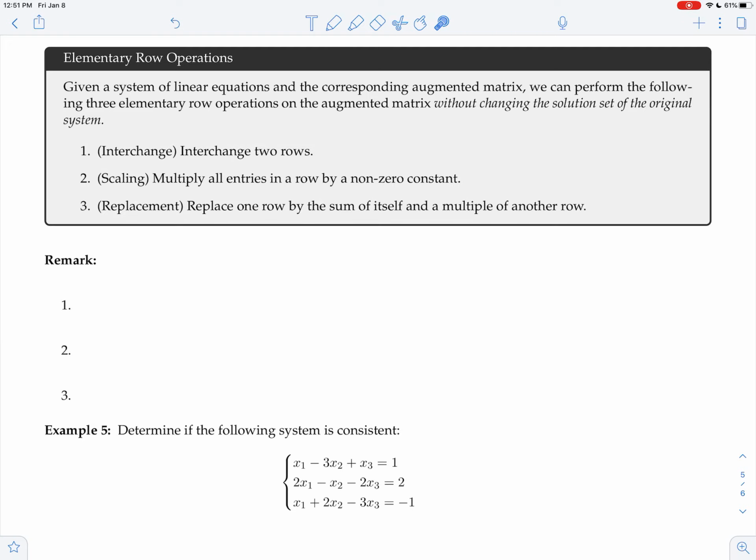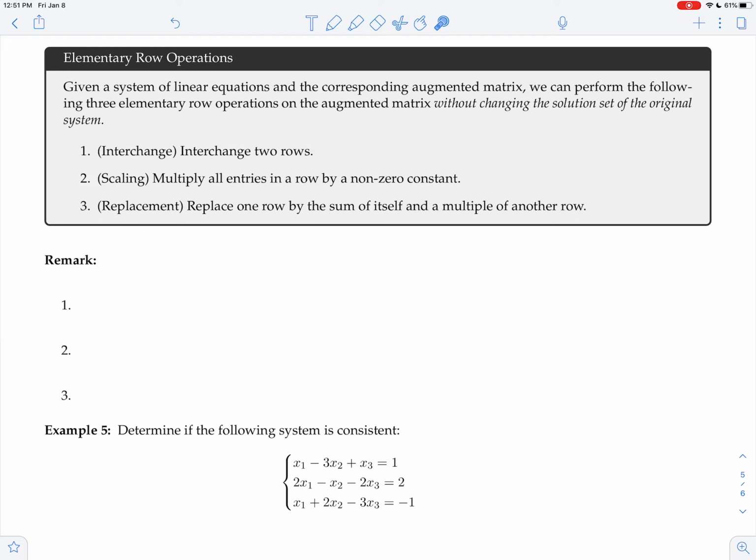Let's talk about what they are. So first off, you can do these 3 things to an augmented matrix, and you won't change the solution set of the original system. You're going to get a different augmented matrix, which corresponds to a different linear system, but it's equivalent to your first linear system, meaning that it has the same solution set.